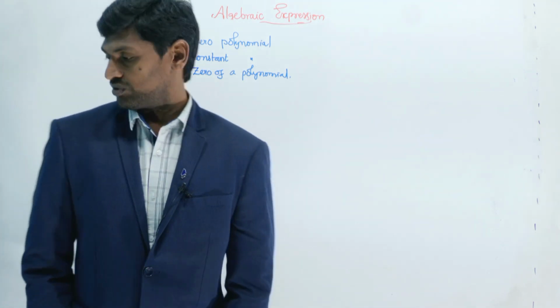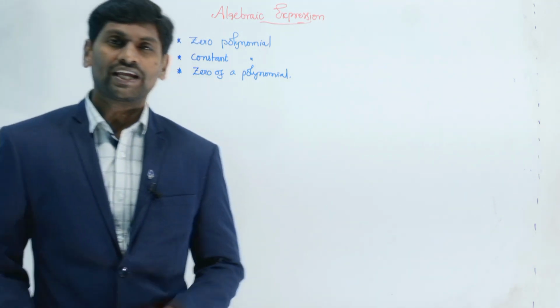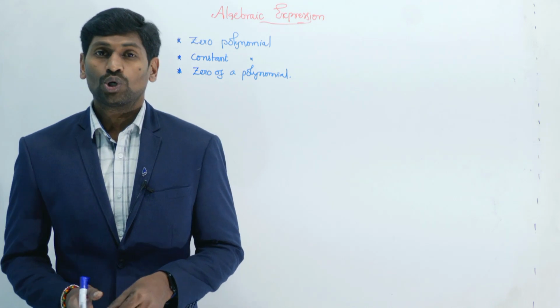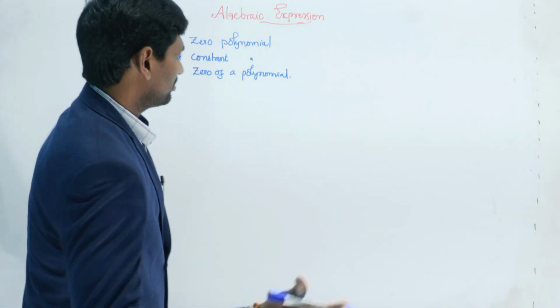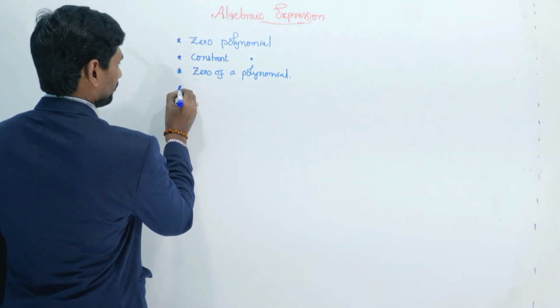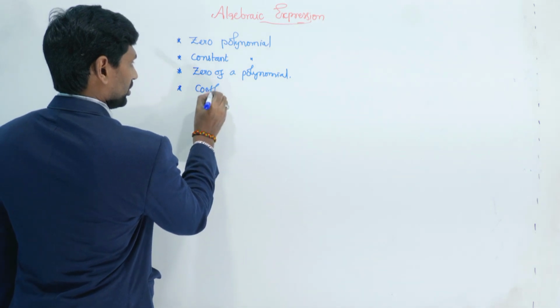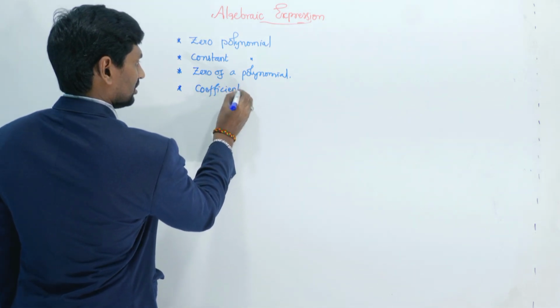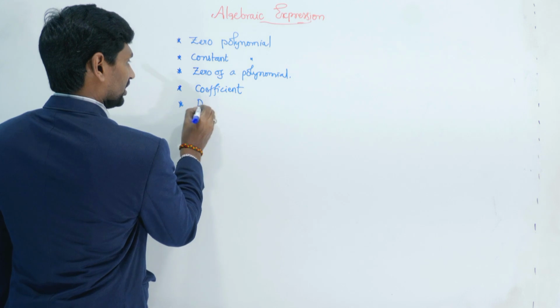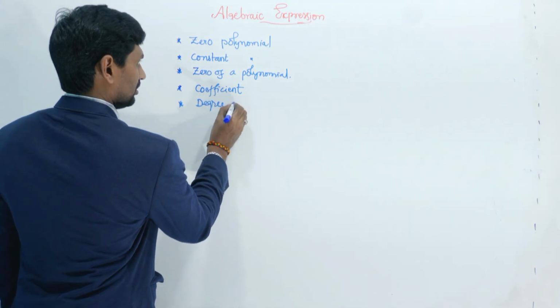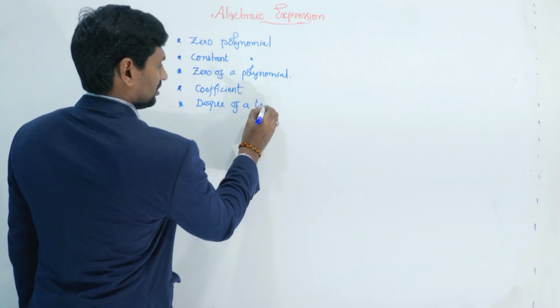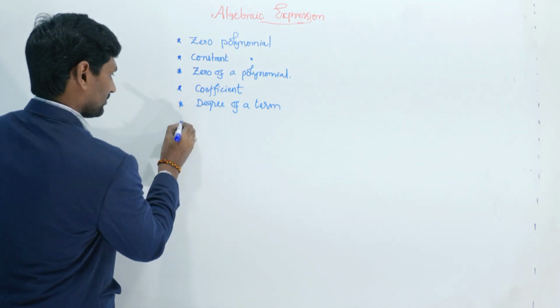Zero polynomial means if you take a polynomial, all the coefficients are zeros. But before that we should discuss coefficient, degree of a term, and degree of an expression.